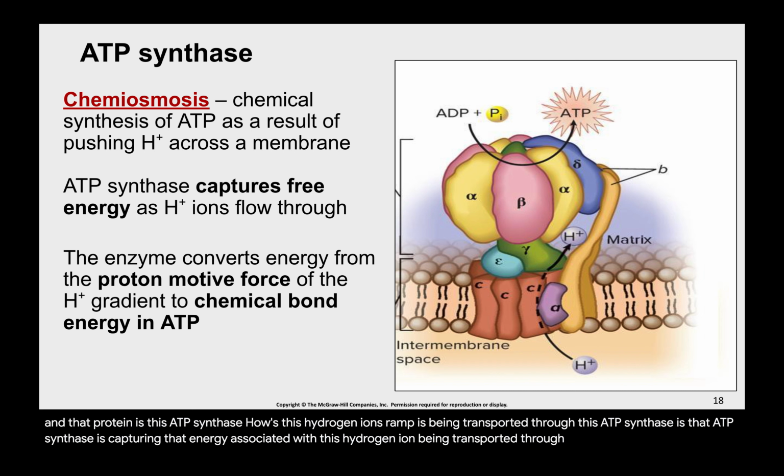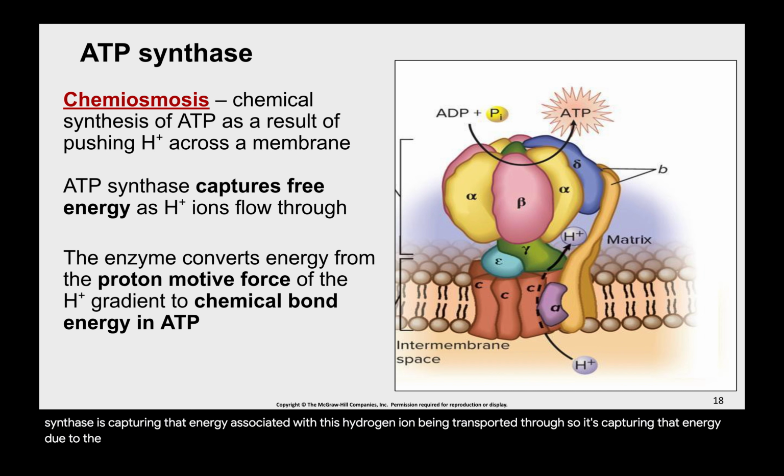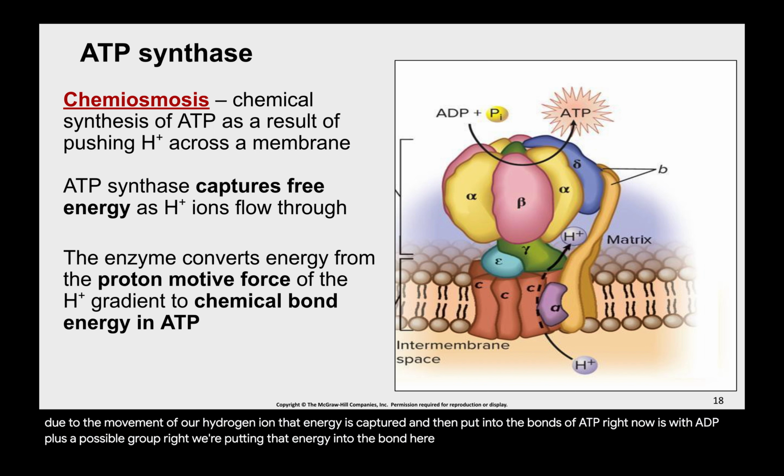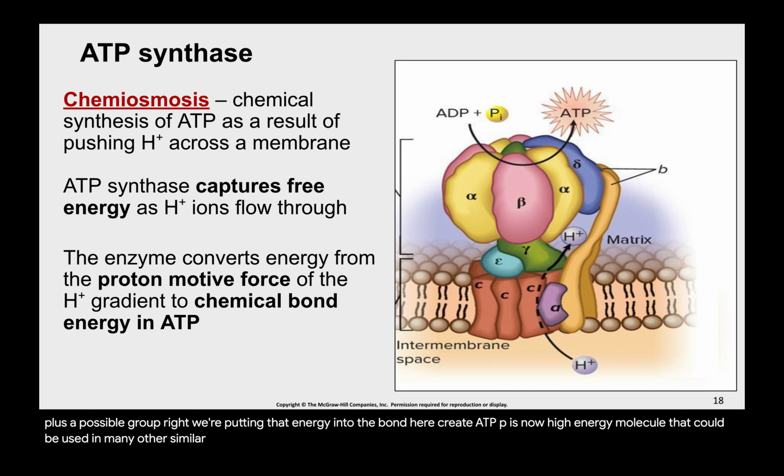So it's capturing that energy due to the movement of our hydrogen ion. That energy is captured and then put into the bonds of ATP. Notice we have ADP plus a phospho group. We're putting that energy into the bond here to create ATP, which is now a high energy molecule that could be used in many other cellular functions. It contains that energy within its bonds.